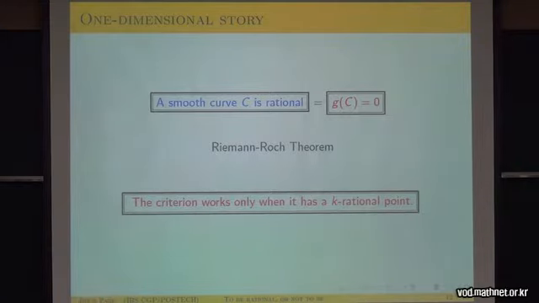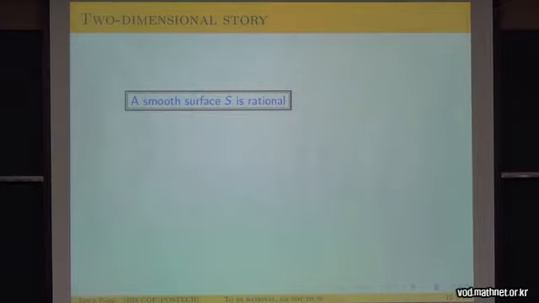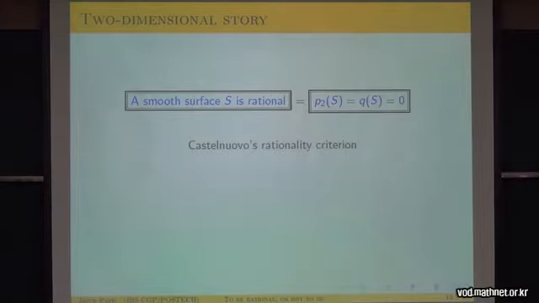All right. In two dimensions, suppose you have a surface S. S is rational if and only if you have some numerical criterion, which consists of two numbers. If both numbers are 0, then it's rational.